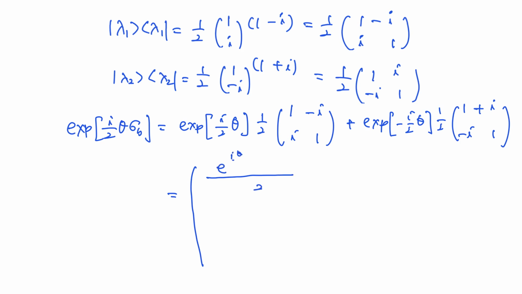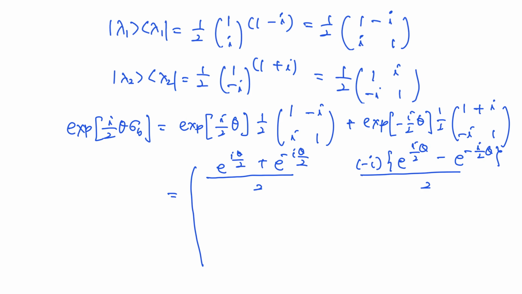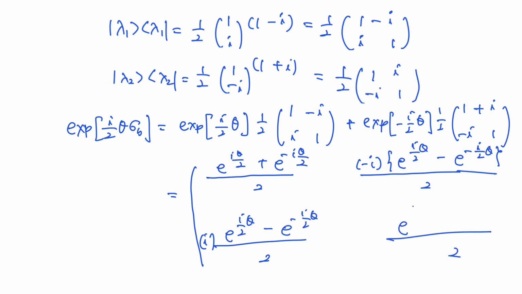This gives exponential i theta over 2 plus exponential minus i theta over 2, over 2, and for the off-diagonal entries, exponential i theta over 2 minus exponential minus i theta over 2, over 2i.